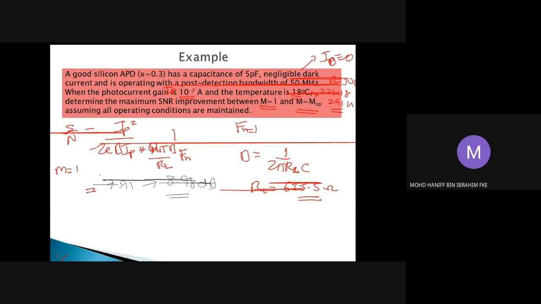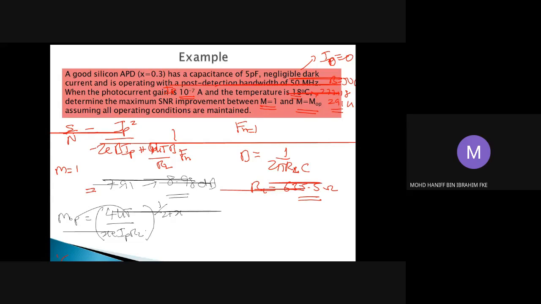Okay, we need to do the same thing for the case of M optimum, but you need to find out what the optimum M is before we can calculate the signal to noise ratio. So again, we are using the equation for the optimum M, which is based on 4KT divided by xEIPRL, to the power of 1 over 2 plus x.